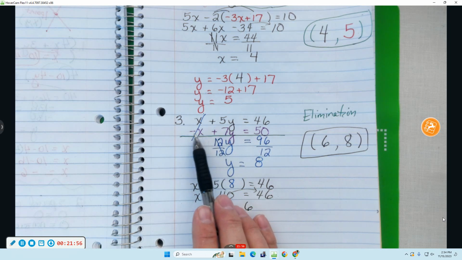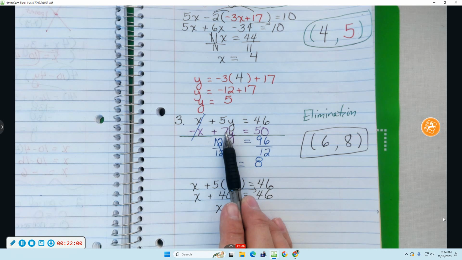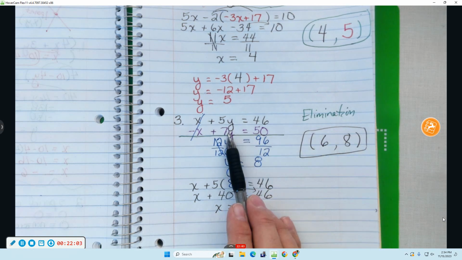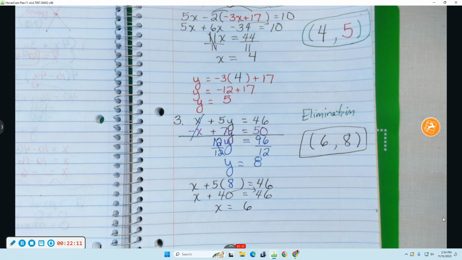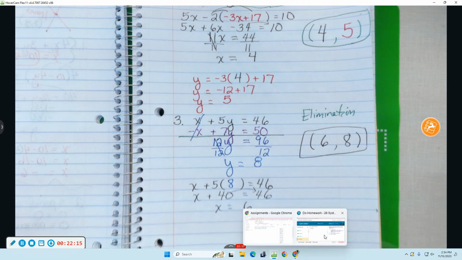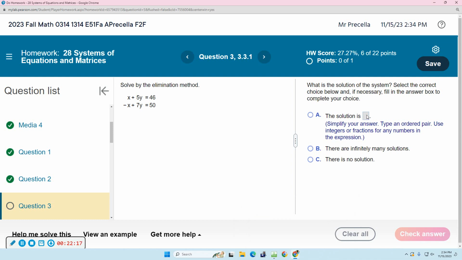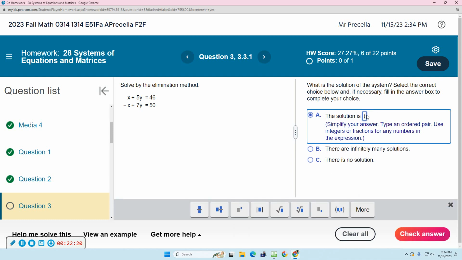Check down here. -6 plus 7 times y, 7 times 8 is 56. So -6 plus 56, is that giving a 50? Yeah. So if this were a test, I know it's right. Okay? So plug it in. Here, type it in. 6.